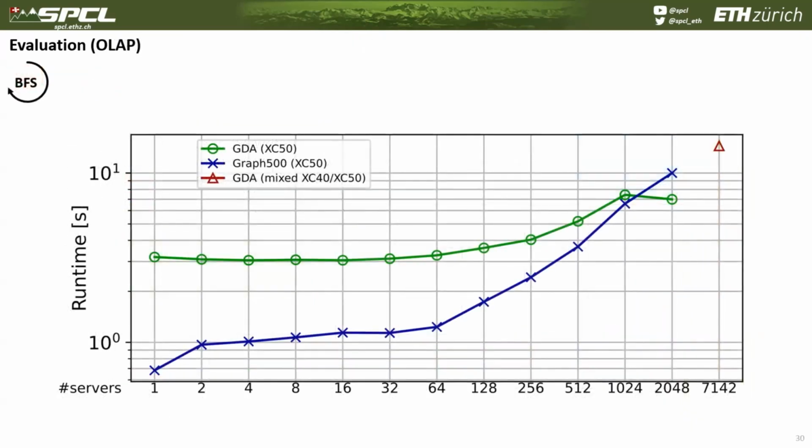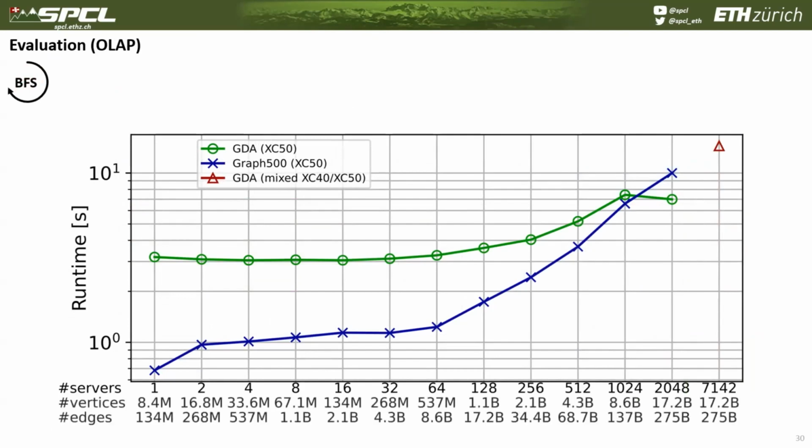Let's also take a look at some OLAP queries. Here we are running a BFS traversal. Again, we scale from one server up to more than 7,000 together with the graph size. On the y-axis, you can see the runtime of a BFS query. Here we compare the GDI design, which is our shortcut for the GDI-RMA implementation, to Graph500, which is a tuned implementation of BFS used for benchmarking high-performance systems.